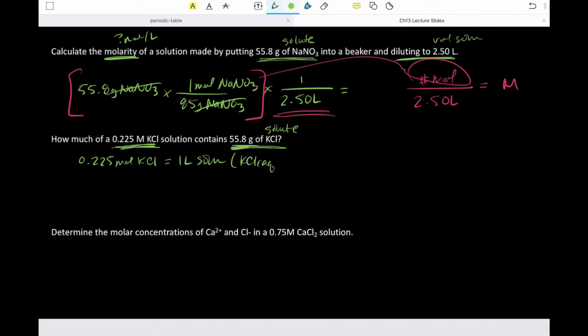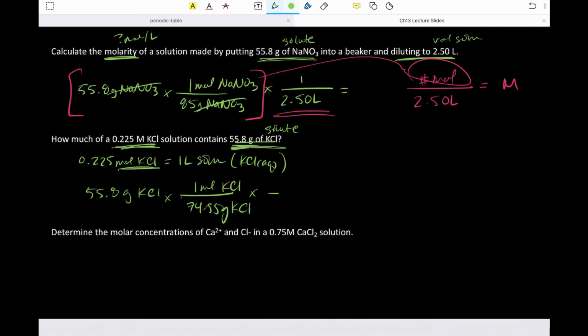So let's start with our grams of KCl because that's our given, 55.8 grams of KCl. And then I will convert that into moles because that's what I'm going to need here. So this is the molar mass of KCl for every 1 mole of KCl.